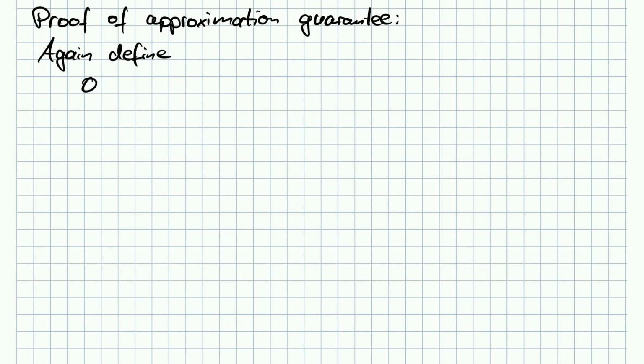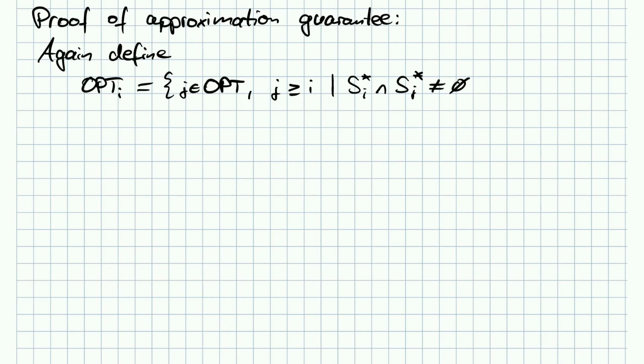And what we'll again define is this opt-i. This is again the set of all j in opt which come after i in the order by bid, now then by normalized bid, and which we are excluding by including bidder i into our solution.